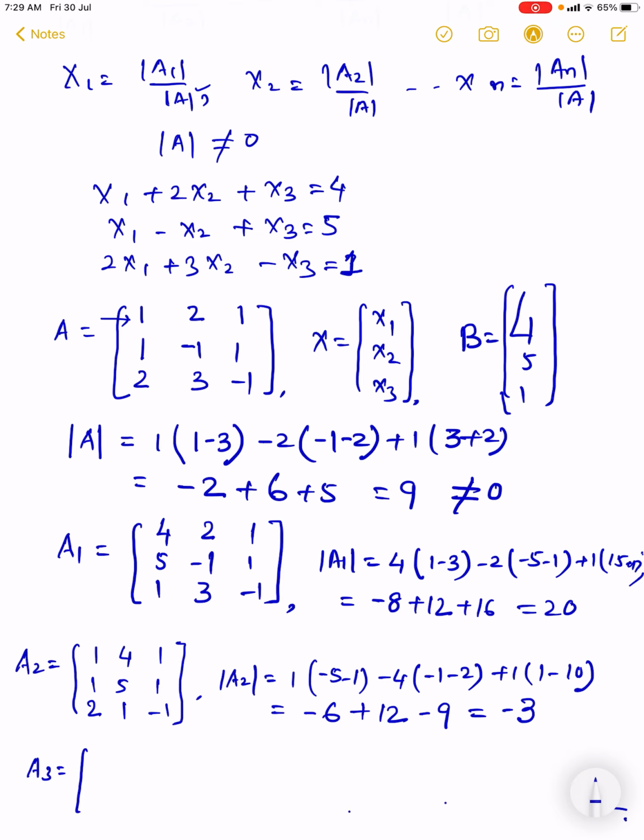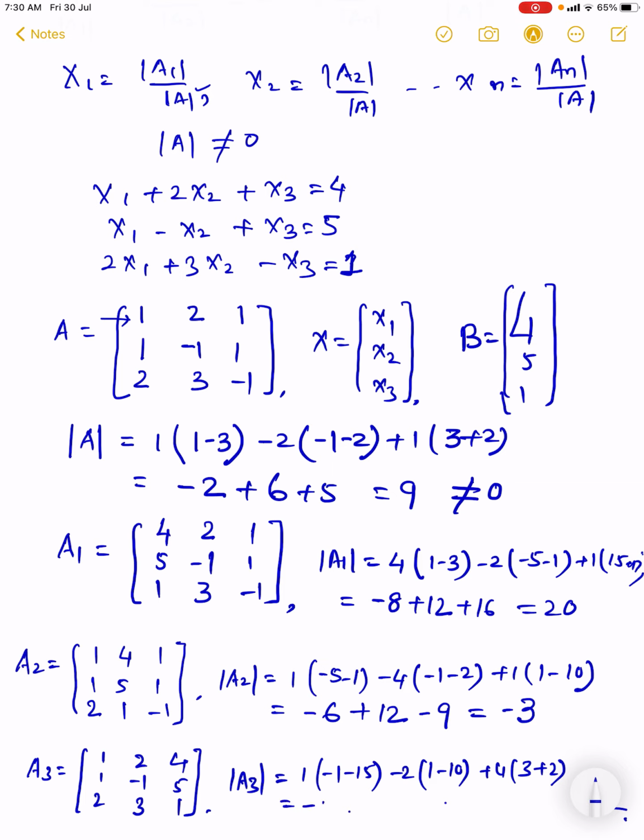A3: the third column replaced, 1, 1, 2, 2, minus 1, 3, then 4, 5, 1. Determinant A3 equal to 1 into (minus 1 minus 15), minus 2 into (1 minus 10), plus 4 into (3 plus 2).